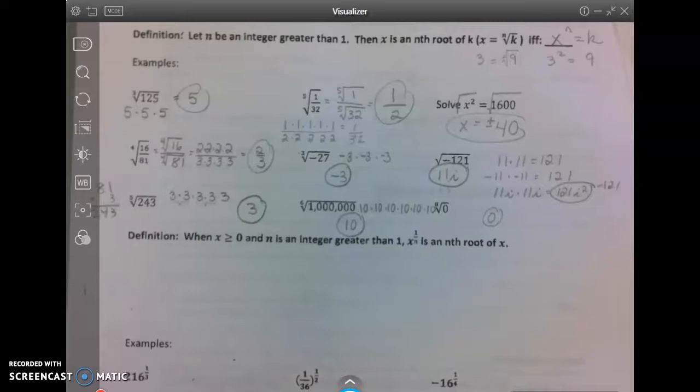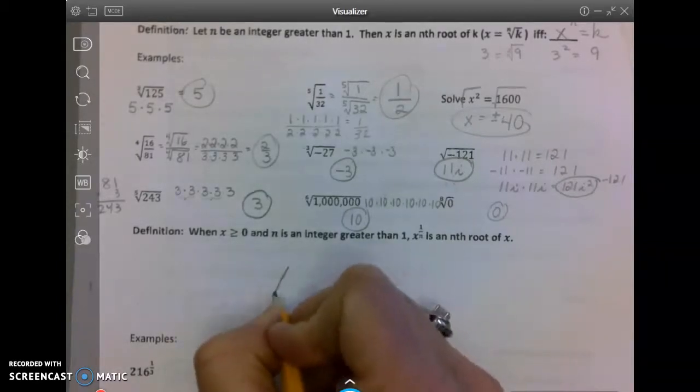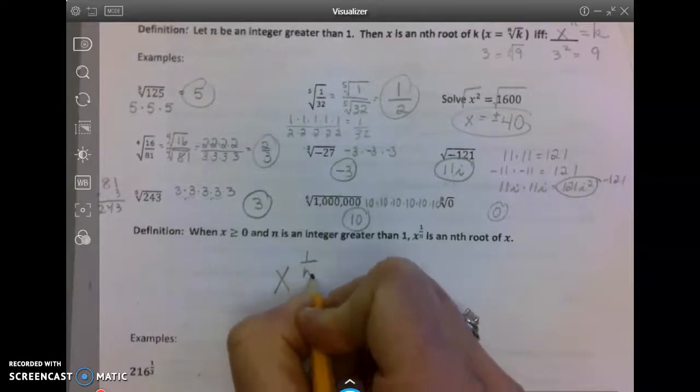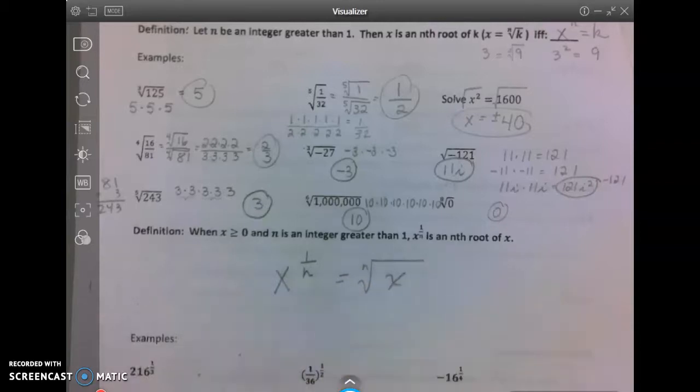Look at our next definition. When x is greater than or equal to 0, and n is an integer greater than 1, x to the 1 over n is an nth root of x. What that is saying is that x to the 1/n is the same as writing the nth root of x.